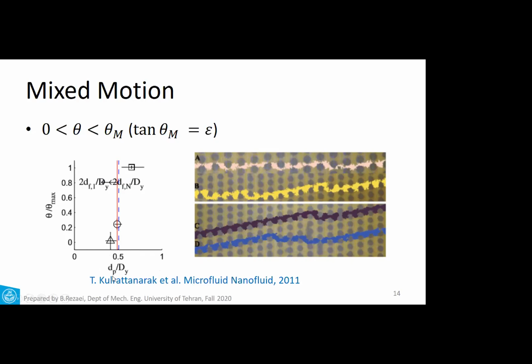For example, if d_y here is the gap size, the G in the previous slide, you can see the triangular diagram here, that its angle of displacement is 0, and in the circular one, it is neither theta max nor 0.